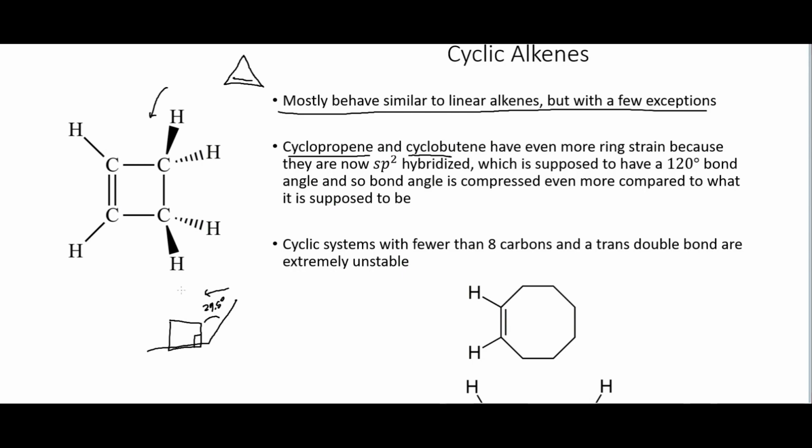And so that puts some strain on that bond because the sp3 wants to be 109.5, but now we are at sp2 and these want to be even greater. These want to be 120 degrees, and yet we are forcing it into these 90-degree things. And so the bond angle is compressed even more compared to what it is supposed to be.